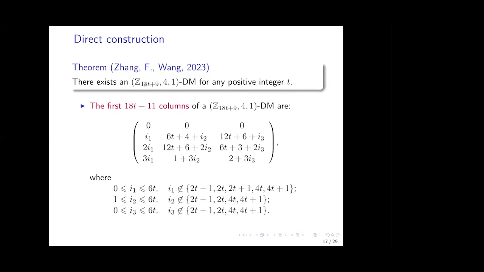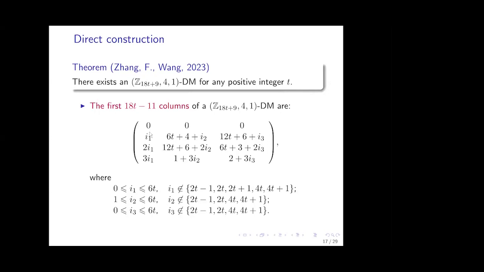But here, the order is 18t plus 9. So it does not satisfy the basic condition, but we just use this idea, not exactly the form of this one.